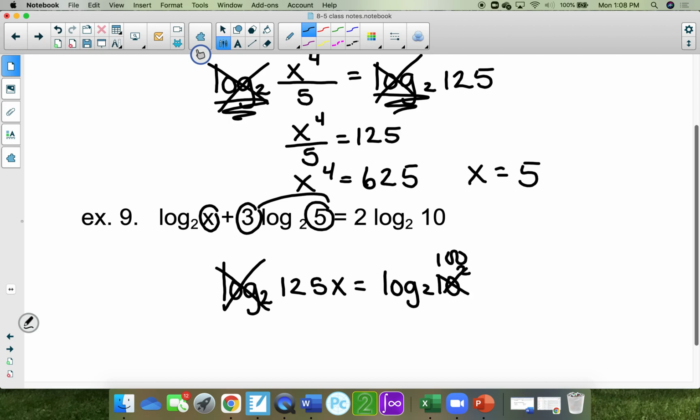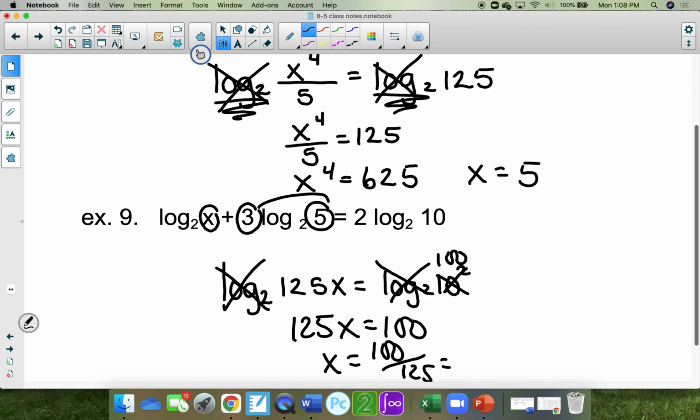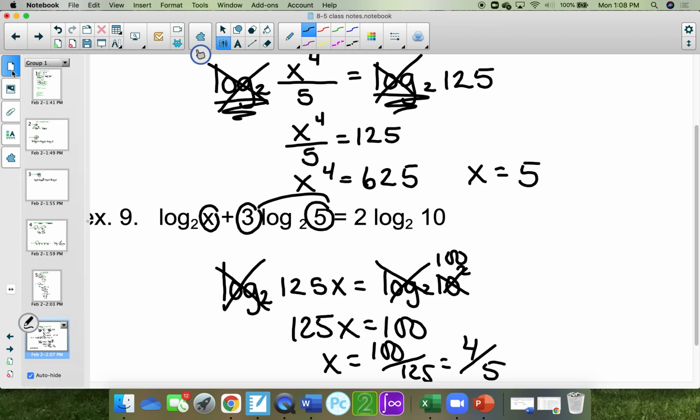There's a log of base 2 on both sides. I can cross them out. 125x equals 100. So x is equal to 100 divided by 125, which is 25 goes into there 4 times, and 125 5 times. The answer is 4/5. And that's all you are doing for this section.